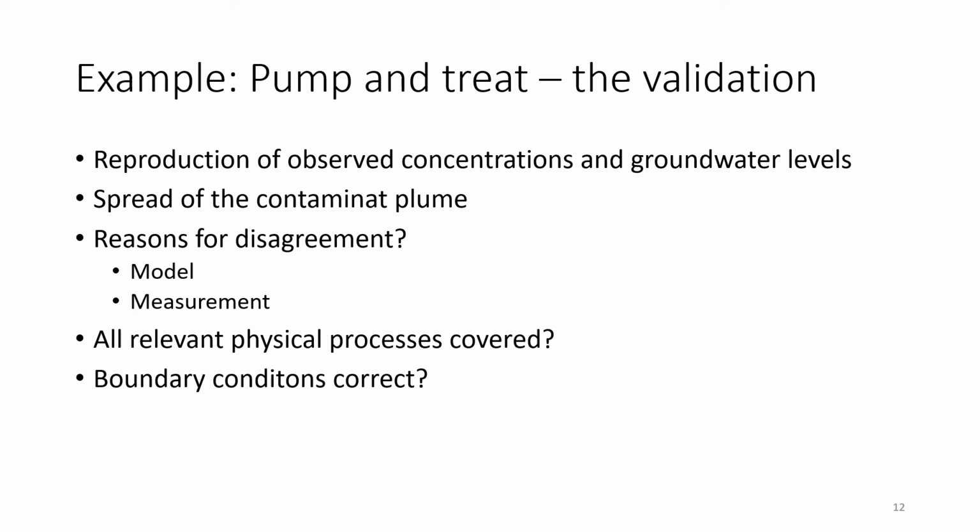So sometimes you can live with some disagreement between model and observation if you find a good reason for it, right? Because sampling methods and the determination of some parameters in the field are not directly comparable to what you're using in the model. So this is good to keep in mind: it's not always just a fault of the model, but also simply methodological differences.